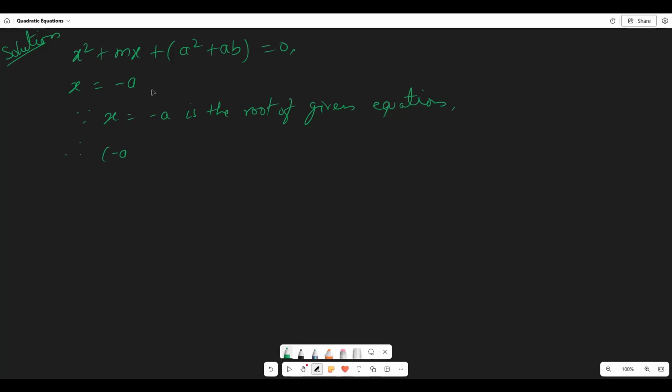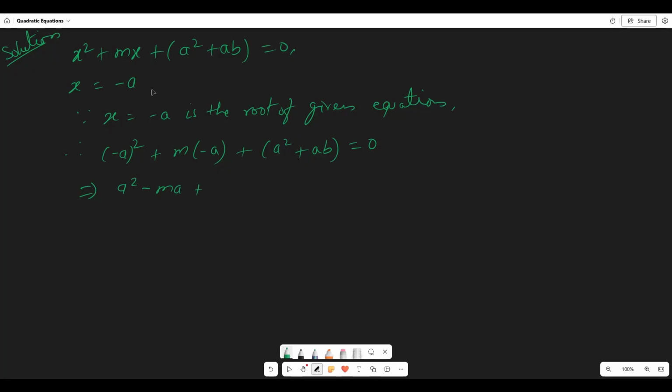we will replace the value of x with minus a. So minus a square plus m into minus a. There is no x here, so we just write a square plus ab equals to 0. Minus a square will become just positive a square. This m into minus a will become minus ma.